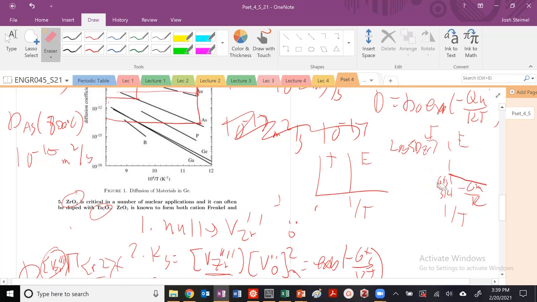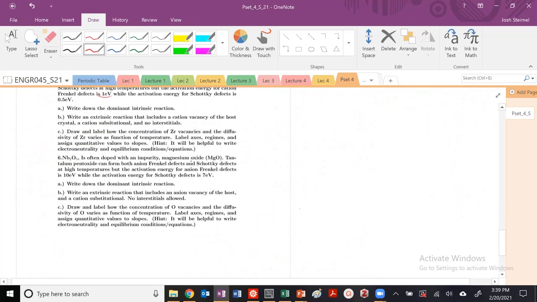Keep this plot. Oh no! Let's go back just a little bit. Erase here, erase here. All right. There we go. So I'm going to keep that plot, and then let's go ahead and read this problem now.